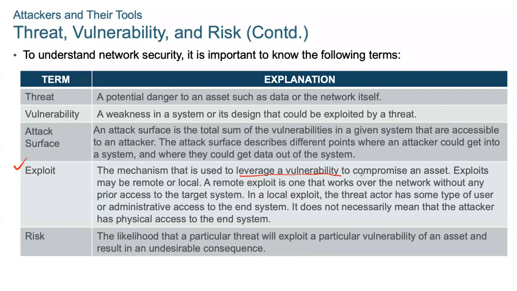Exploitation can be done either remotely or locally. Remotely means a network attacker sitting outside your network tries to gain access to your end devices, servers, or workstations to get important information from those devices.